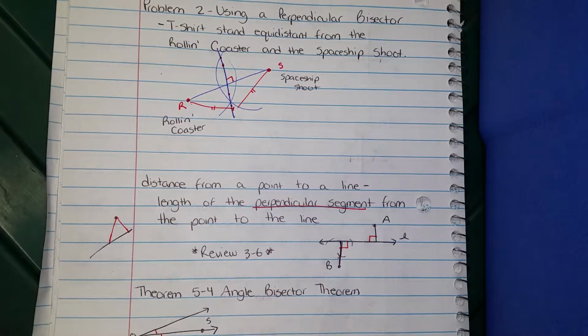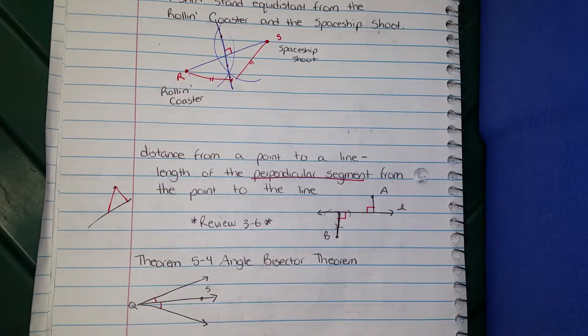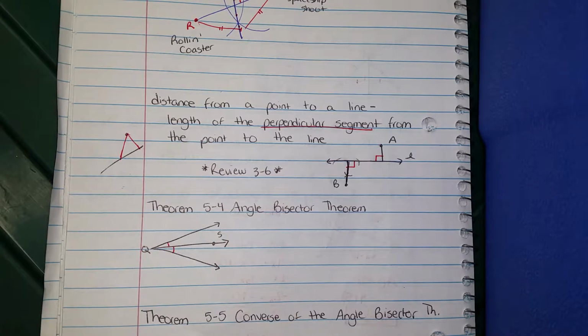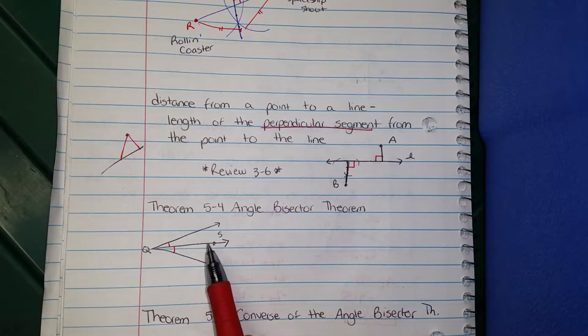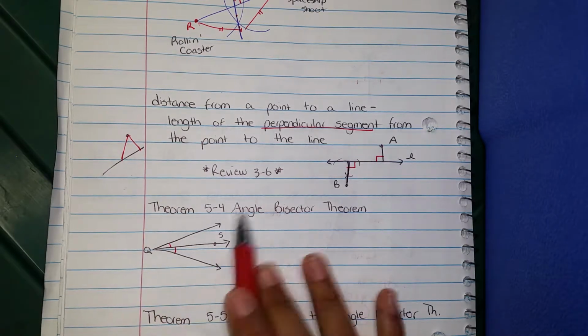Okay. So now that you know the distance from a point to a line, we can talk about the angle bisector theorem, which is worded a little similar to the perpendicular bisector theorem. The angle bisector theorem states that if a point is on the angle bisector, then it is equidistant from the sides of the angle.